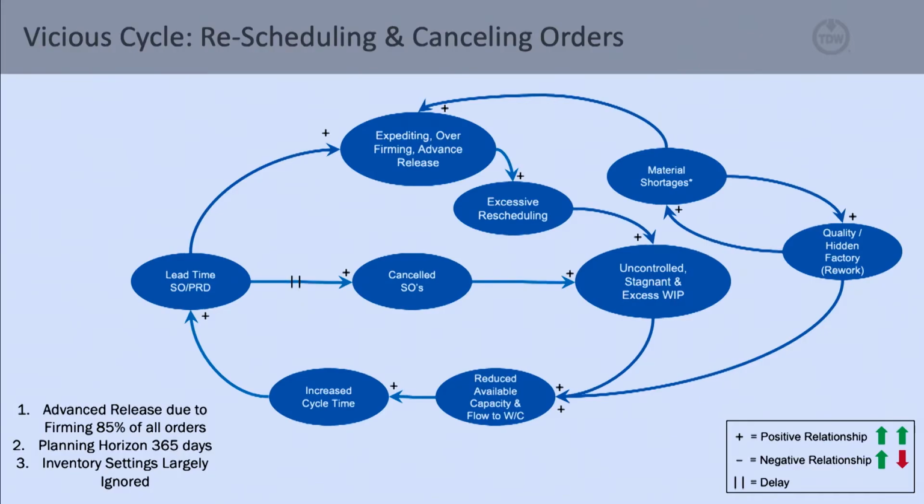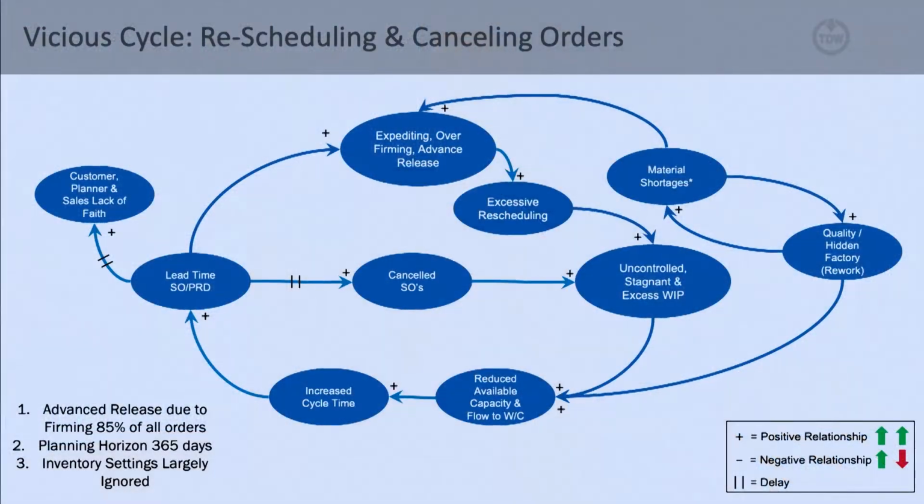Another little subsection: as you increase the amount of WIP you have on the floor and you keep changing people's priorities, you run into quality issues, which degrades your ability to flow through the shop. And in the long term, your customer, your planners, and your sales folks start to lose faith in your ability to deliver, which then leads us back to more expediting.